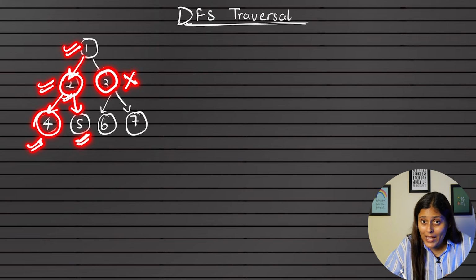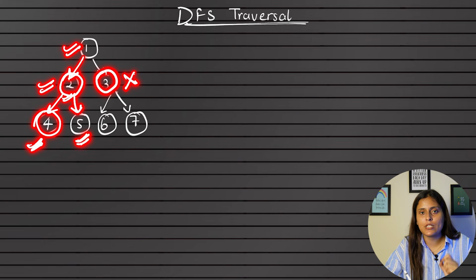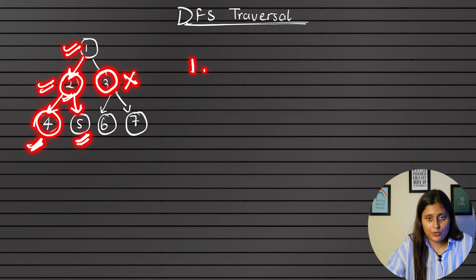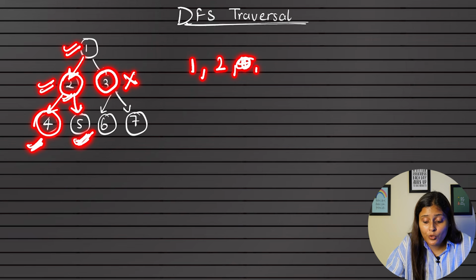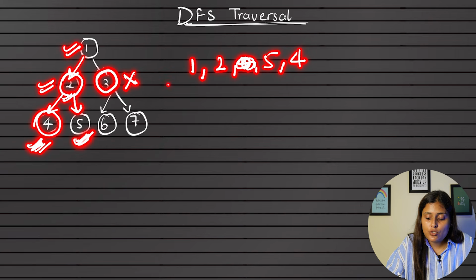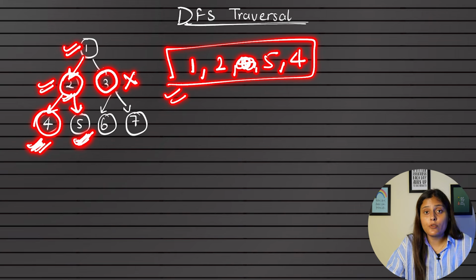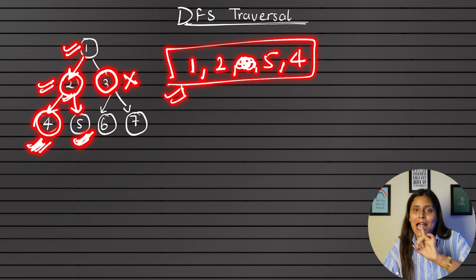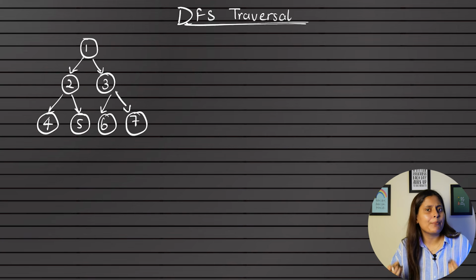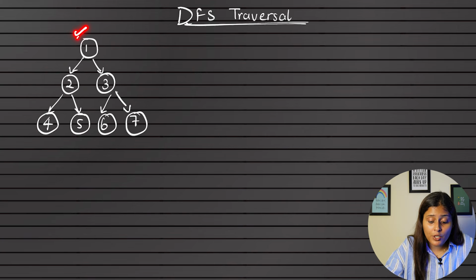You can choose 5 also, but let's suppose we are choosing 4. So first we chose 1, then 2, then 4. If we would have chosen 5, then after 2 it would have been 5, then 4. Although in DFS also we have multiple traversals, and that we'll also see. So this was depth first traversal, where we start from the root node to the leaf node.